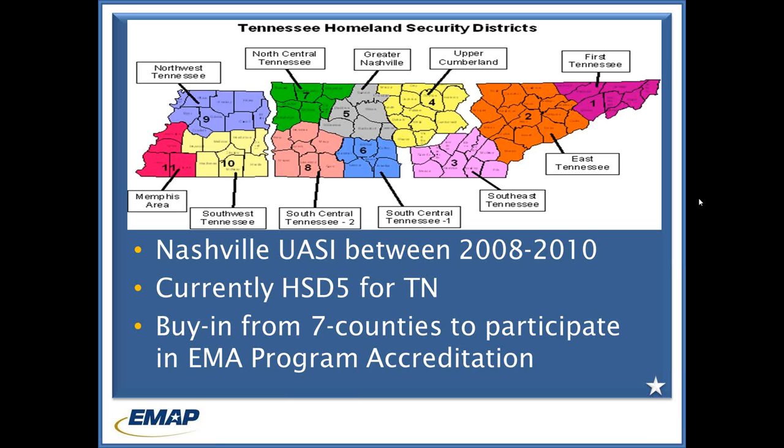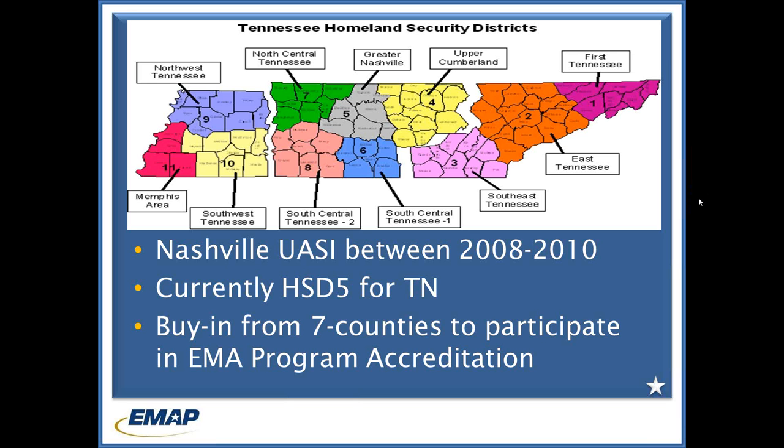That all began right after 9/11, and between '08 and '10, we were added as a Tier 2 UASI. And of course, with the budget cuts in 2011, Nashville, along with a lot of other Tier 2s, got dropped off, and then we got picked back up again through the Homeland Security Grant Program.